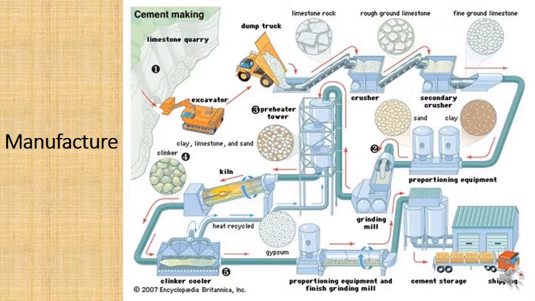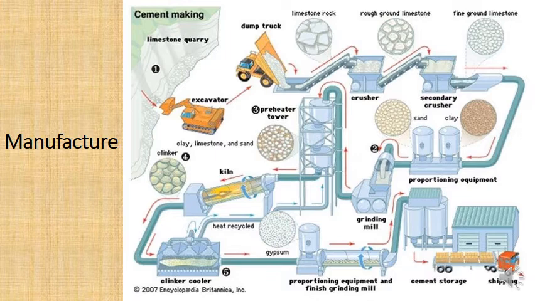Now, the reason they want to make it small particles is because that improves the reaction rate. It means you have a higher surface area, so it's going to react faster. And then what they do is they basically mix it all together. They also put it through a preheat tower there to make sure that it's well mixed.